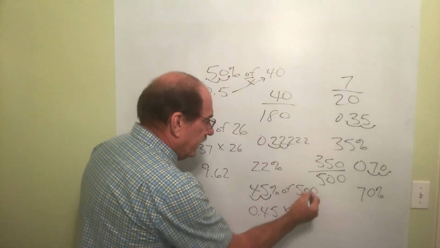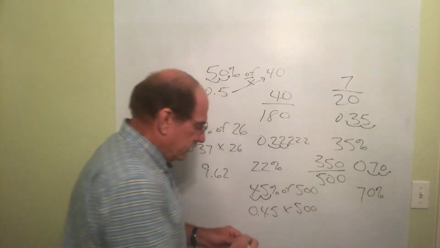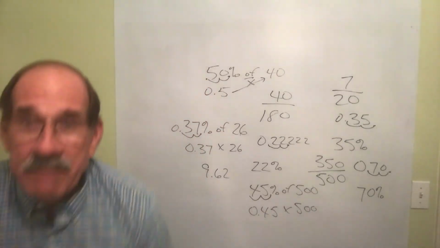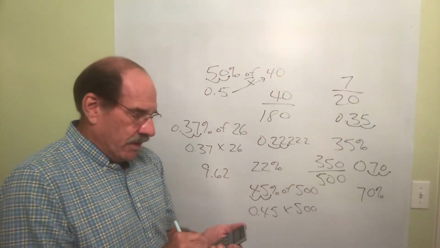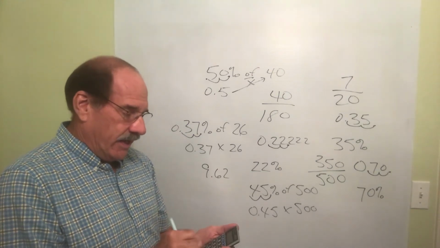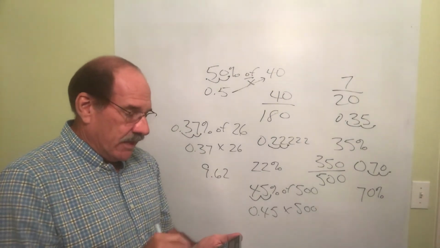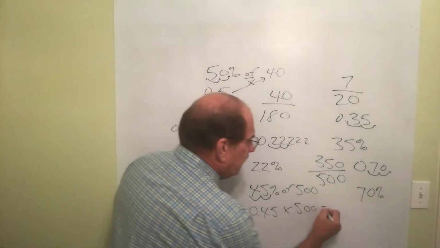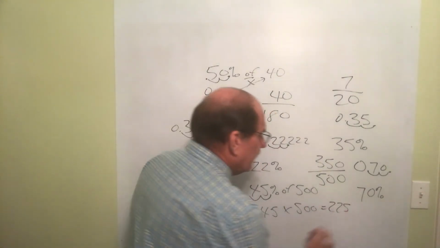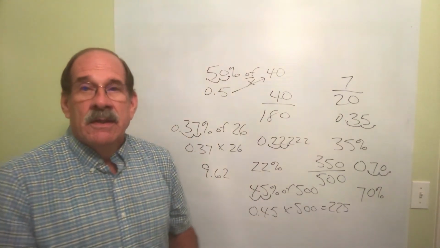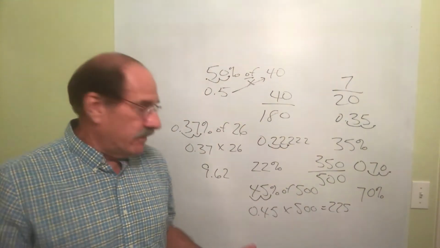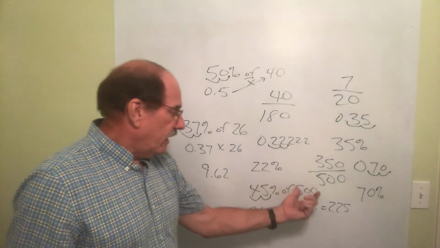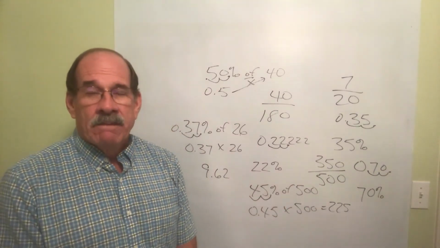Let's multiply. So what's 0.45 times 500? 0.45 times 500 is 225. So 225 milliliters have been used up already. That's what 45% of 500 is.